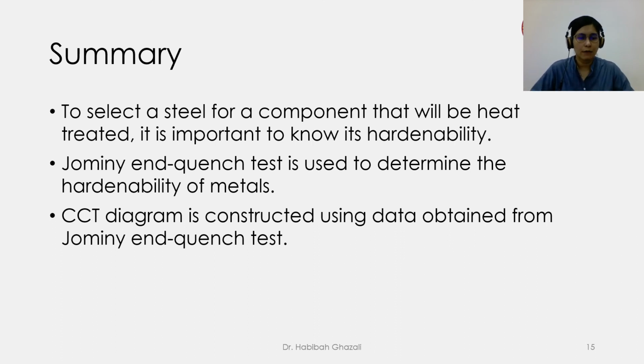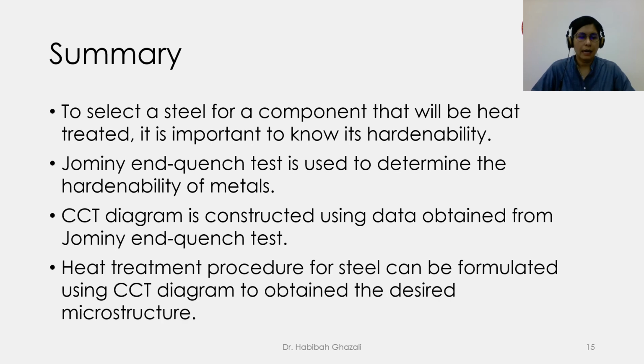And also we have learned how the CCT diagram is constructed using data obtained from the Jominy and quench test. And we also learned about the heat treatment procedure for steel and how it can be formulated using the CCT diagram to obtain the desired microstructure.